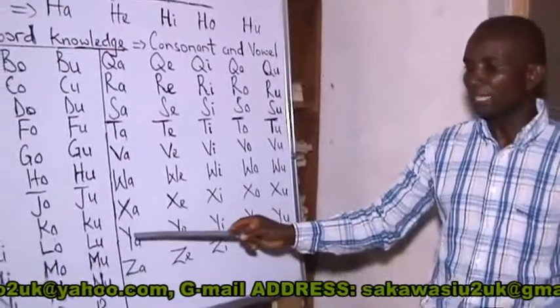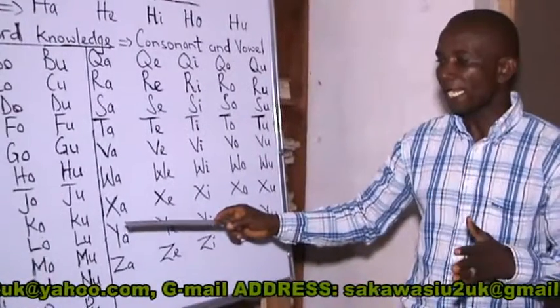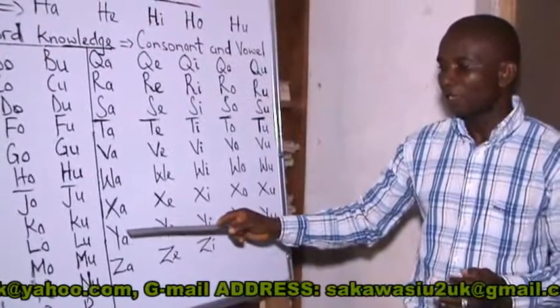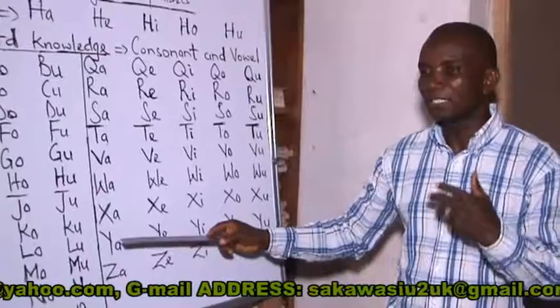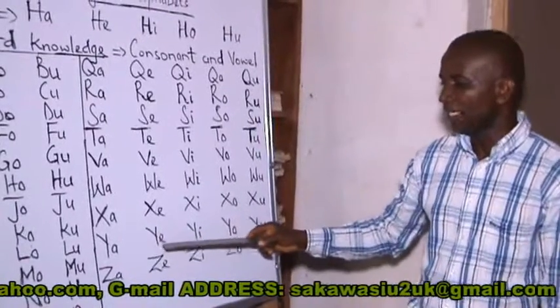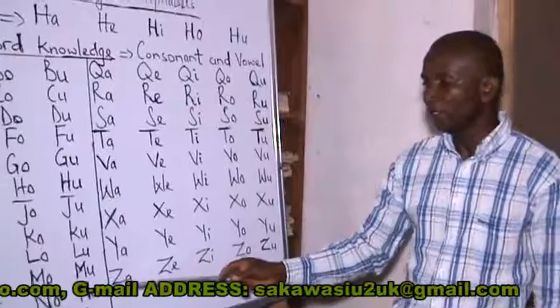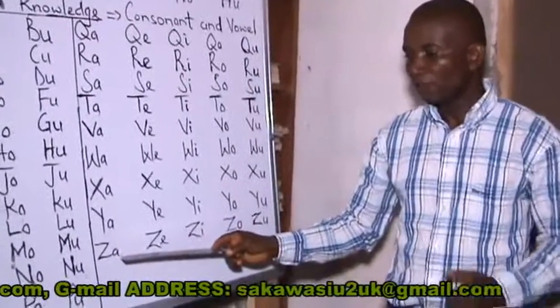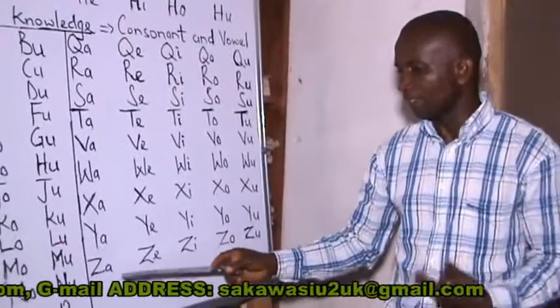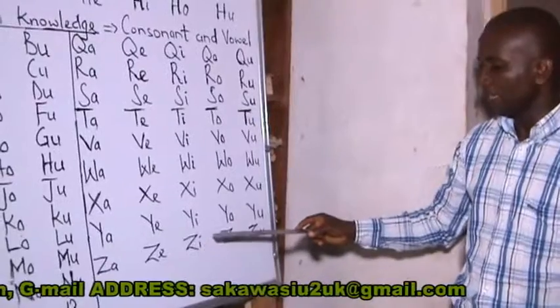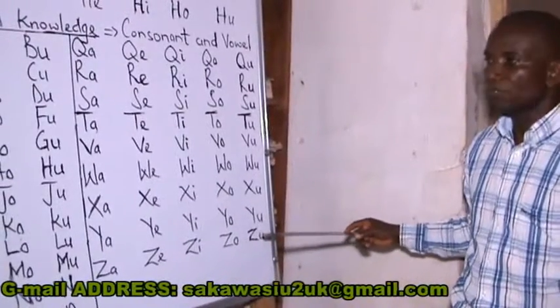Why is this one known as Y? We'll pronounce it Y, which is ya, ye, ye, your. Why is this one Z? With A, it will be pronounced as zar, z, z, zor.